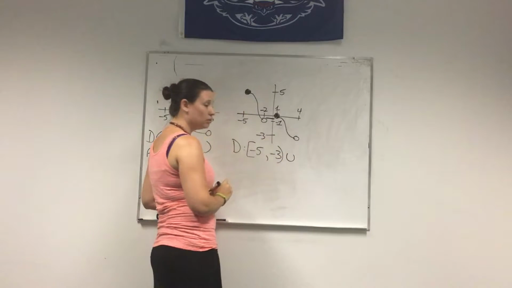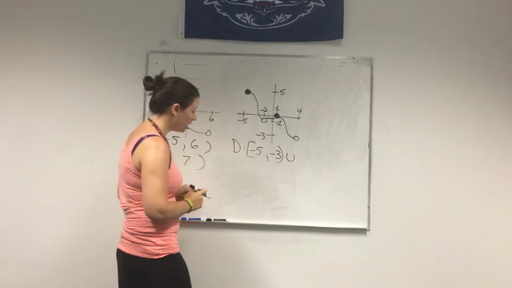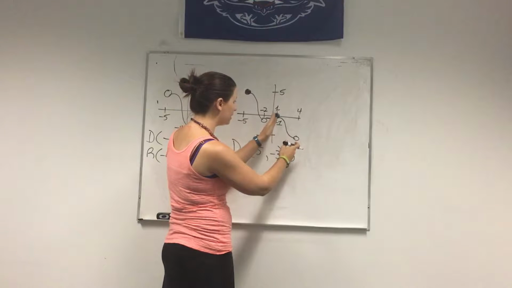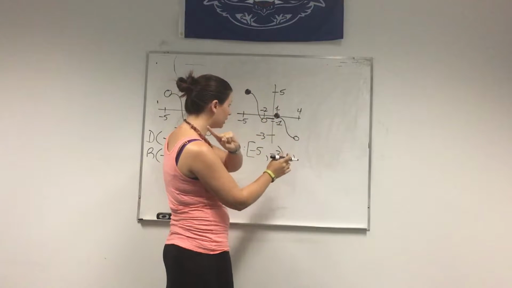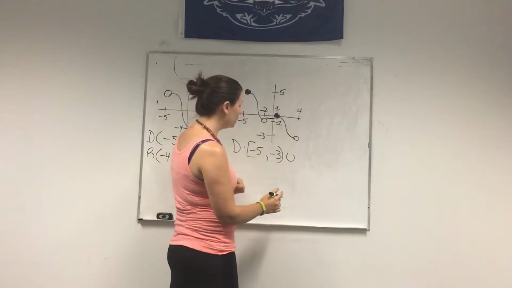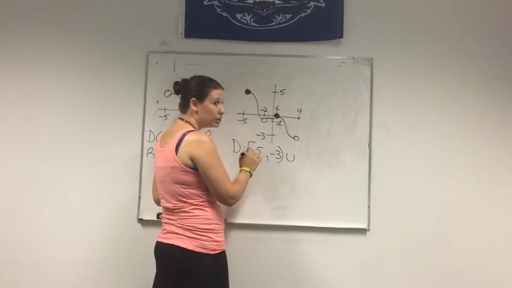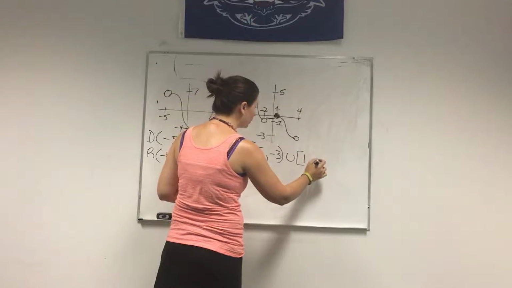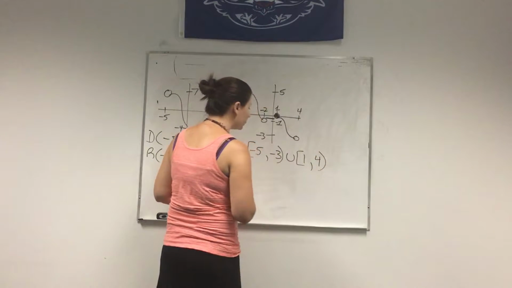We union the sets, because it's both pieces. Next, looking at x values, 1 to 4 with a filled-in circle first, so a bracket on 1, and then an open circle on 4, so a parenthesis.